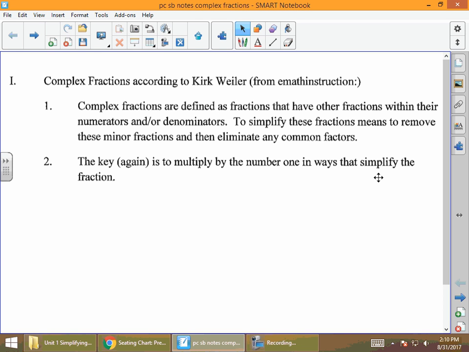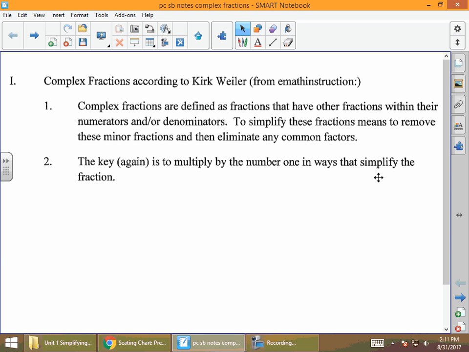So today we're going to talk about complex fractions, or at least we're going to get started with talking about complex fractions. And first of all, we need to define what complex fractions are. I know that I haven't cited it exactly like your English teacher would want, but a few years ago we used a program in math called eMath Instruction, and the author of those notes is Kurt Weiler.